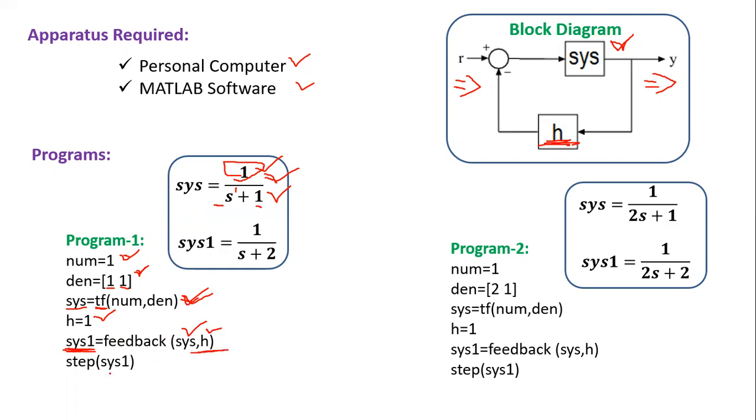For this closed loop system, we apply a step signal as an input and cross check the parameters, the steady state error, the final value, and so on.